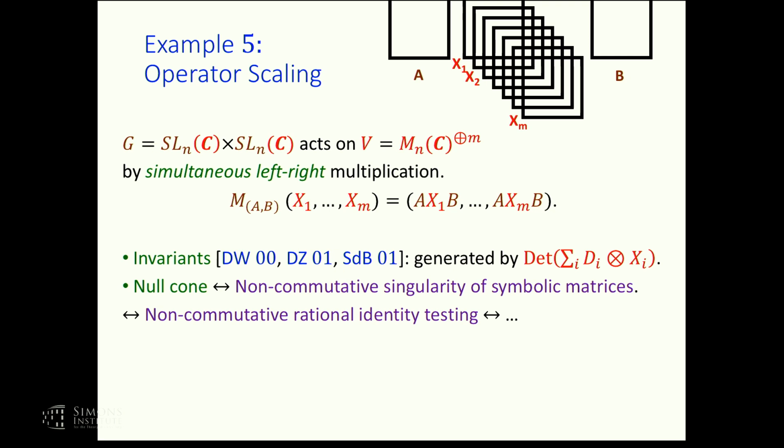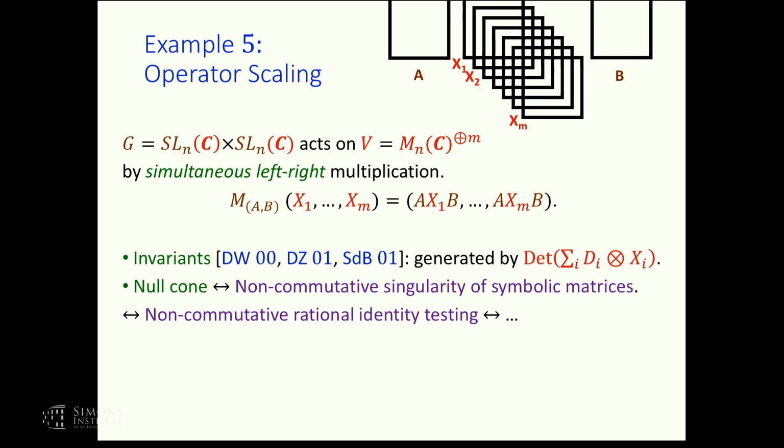It took a long time in this sequence of works. They are generated by an infinite family of polynomials. These polynomials are the determinants of this sum of tensor powers, and they are parameterized by this di. So you take matrices di of all sizes, and each of them will give you polynomials in terms of the variables xi. And it turns out that all of these polynomials generate the invariant ring.